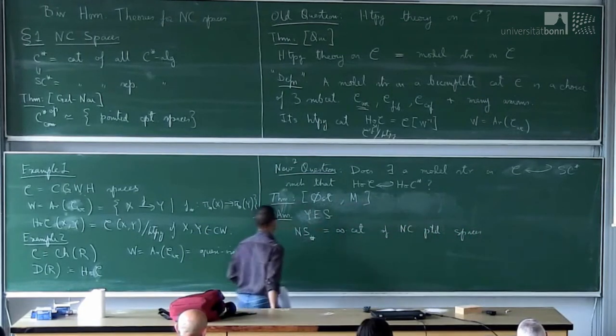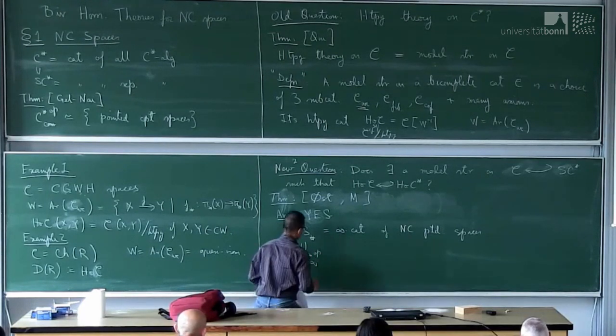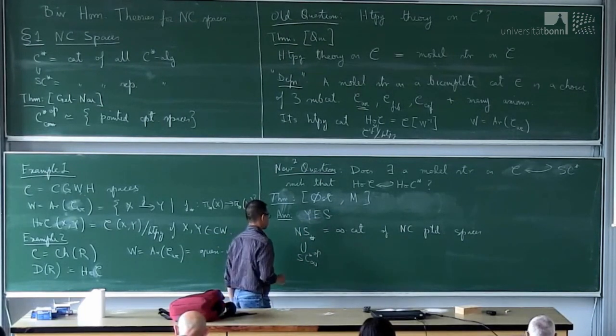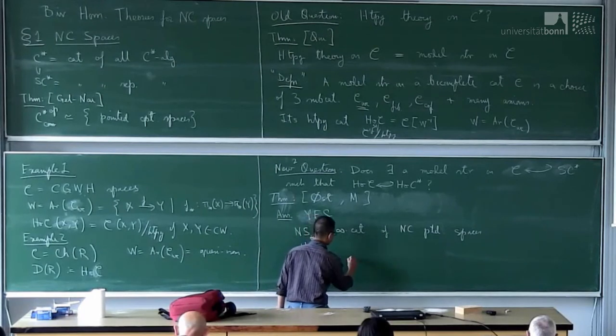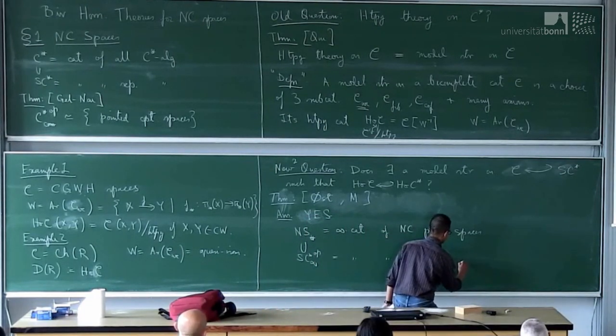It contains the opposite of an infinity category whose objects are separable C-star algebras, and this would be your infinity category of non-commutative pointed compact spaces.